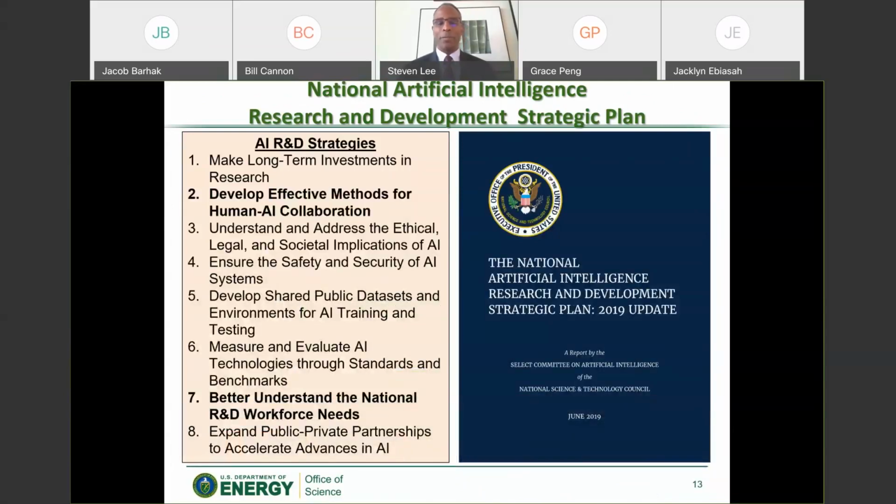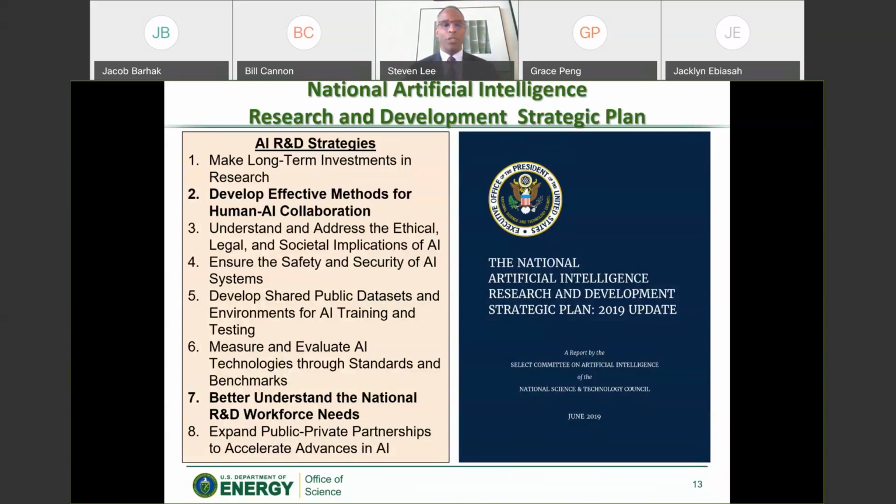So what follows on from that scientific workshop report is that we just had an update to the 2016 report that laid out a national AI research and development strategic plan. This is from NITRD. And the update was basically that they had an eighth strategy that they added, expanding public-private partnerships.